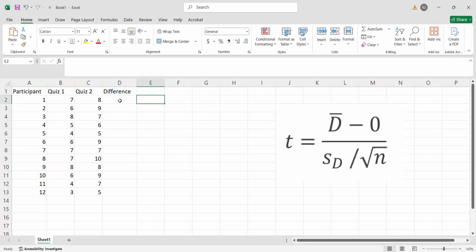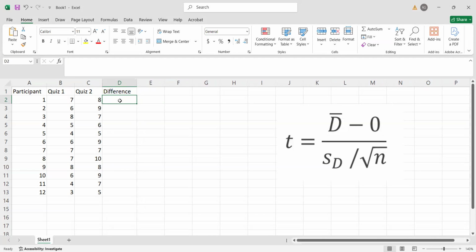make that a little bigger. Now, typically speaking, you need to think about which one of these we're subtracting from which one, meaning quiz one from quiz two or quiz two from quiz one.